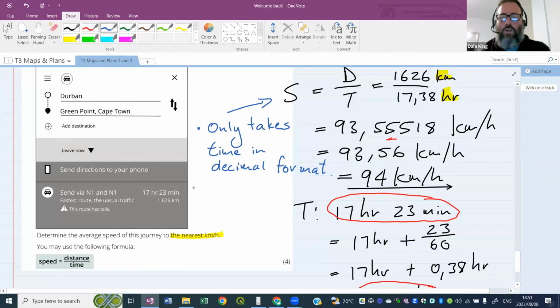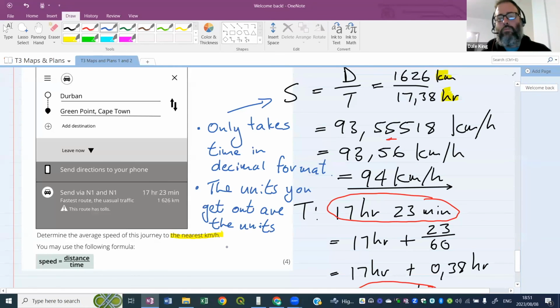The second thing you need to note down for this formula, besides the fact that it only takes time in decimal format, is that the units you get out are the units you put in.